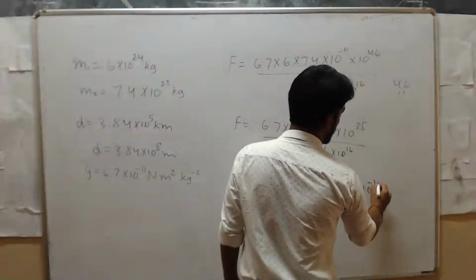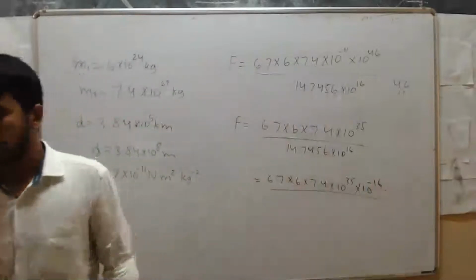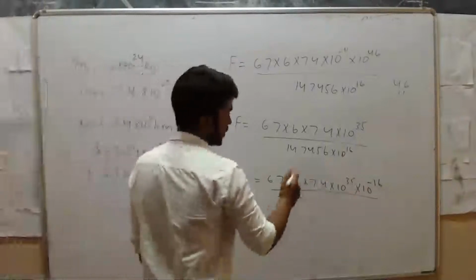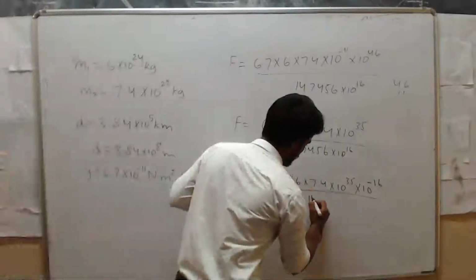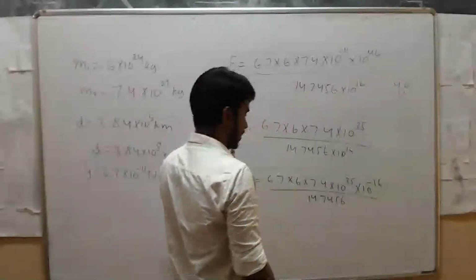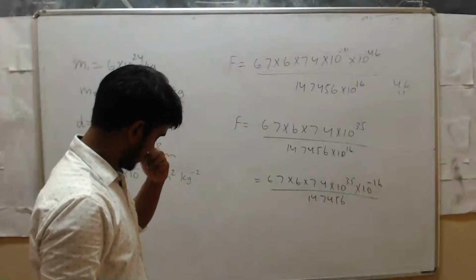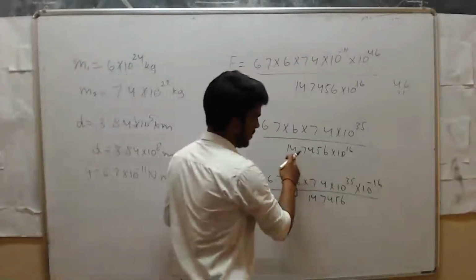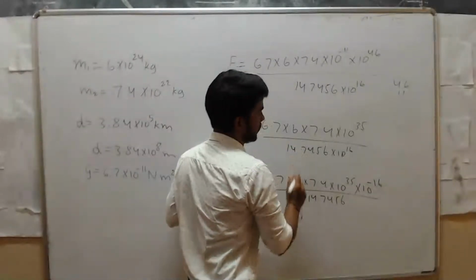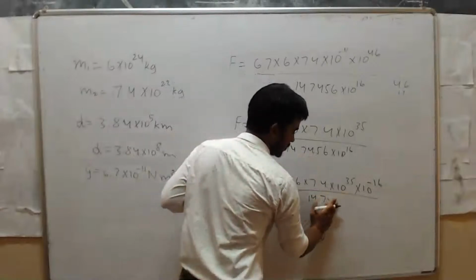here it will become minus 16. Okay, because you are taking the 10 raised to 16 from the denominator to the numerator, and here 14.7456. Now you can write this as 14.7456, but 7 is the right digit, so you can stop here, otherwise it will become lengthy.